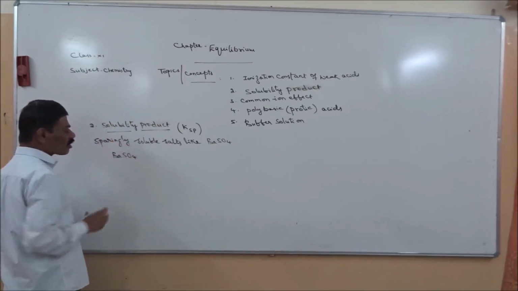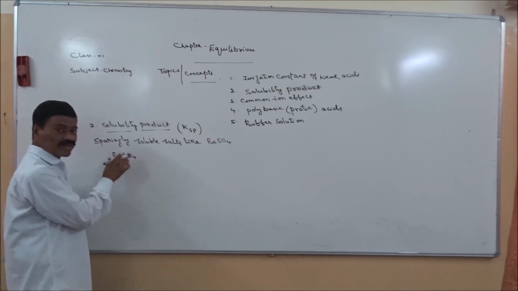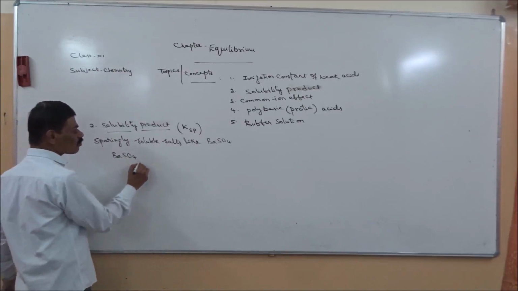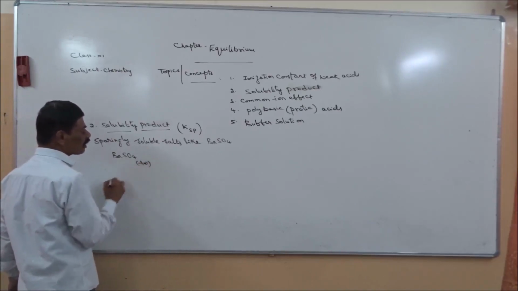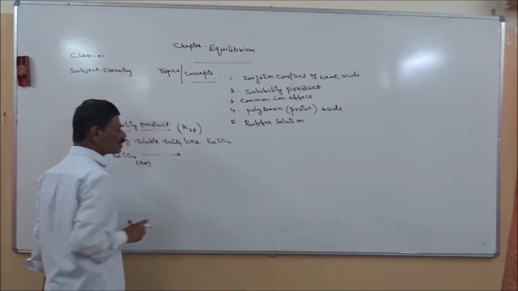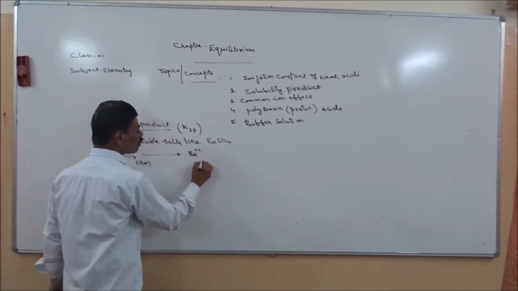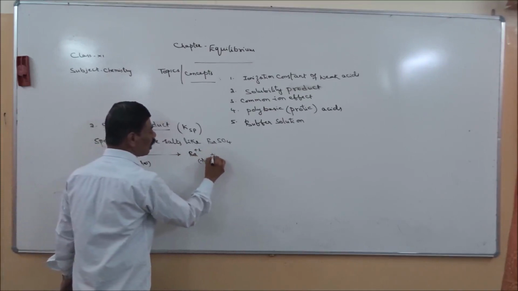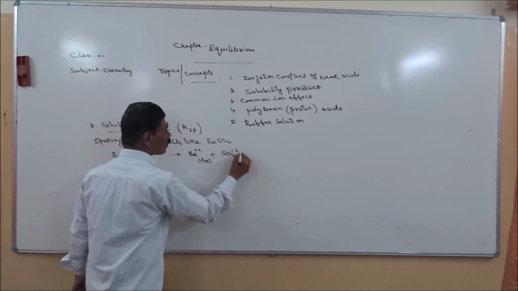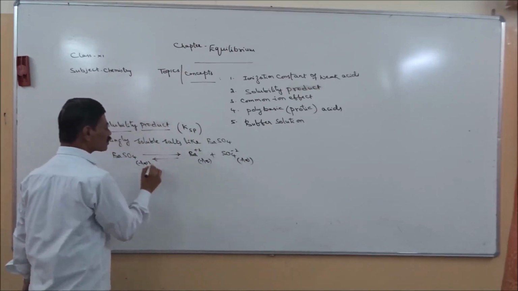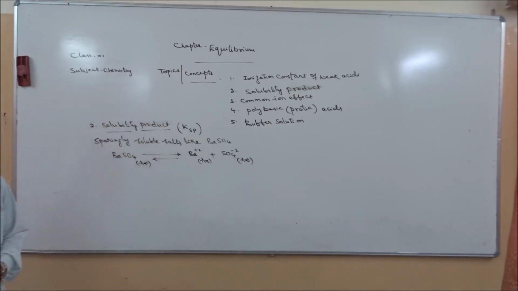If we add water to this barium sulfate, white colored crystalline substance, it dissolves in water to form aqueous barium sulfate, and that undergoes ionization to form barium dipositive ions in aqueous medium and sulfate dinegative ions in aqueous medium, and it is a reversible reaction because it is sparingly soluble.